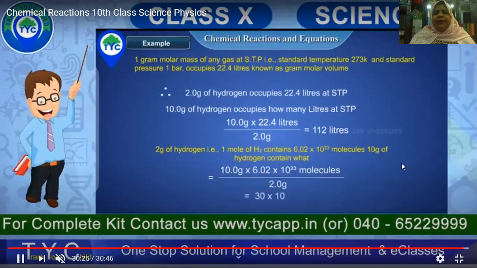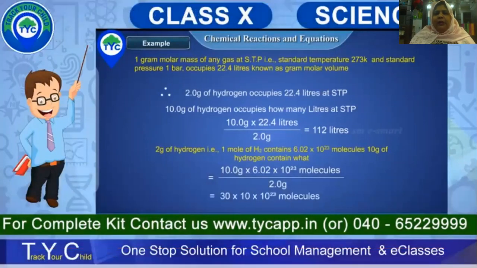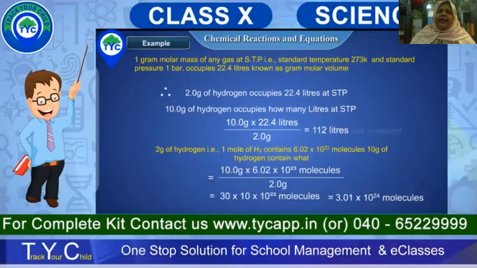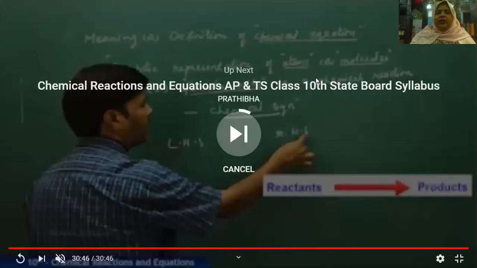So in this question, what we have to do is, 5 into 6.02 into 10 to the power of 23 molecules gives rise to 3.01 into 10 to the power of 24 molecules of this.